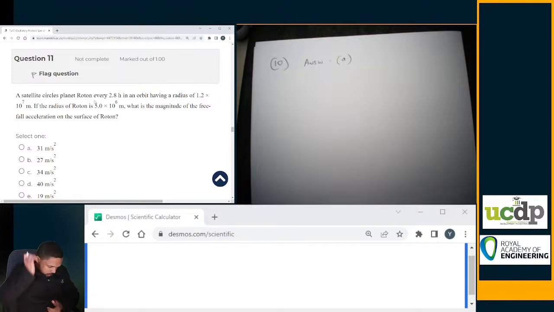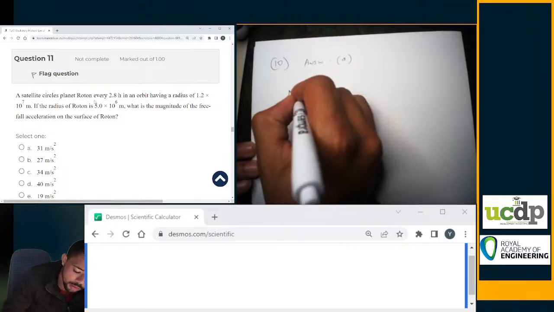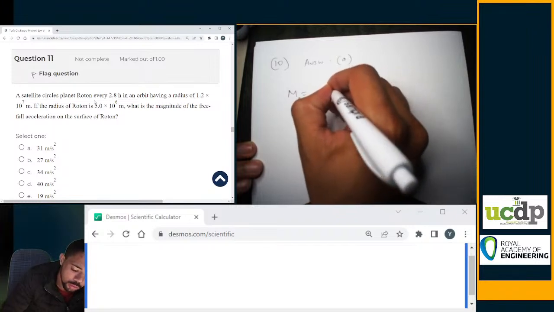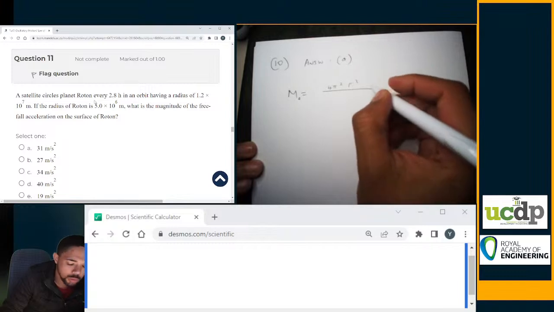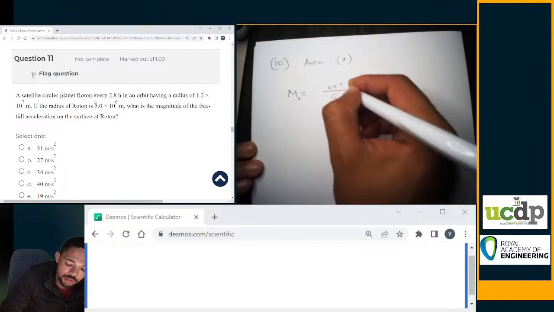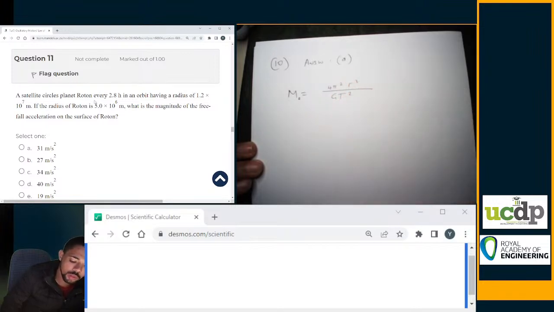Okay. So we have used this formula before. The mass of planet Roton would then be equal to 4 times pi squared times the radius of the orbit cubed, divided by the gravitational constant times T squared. Okay, by the way, I did not put the square.